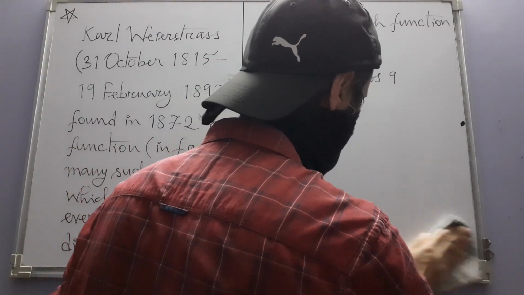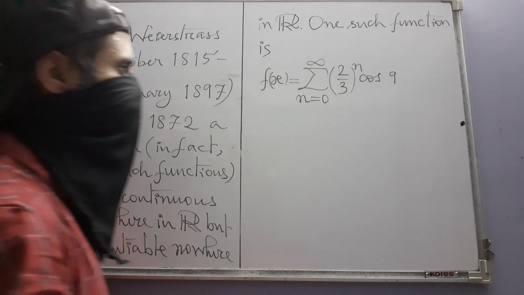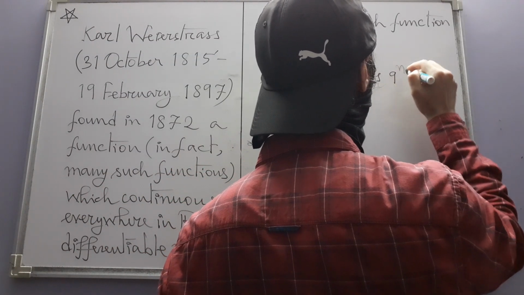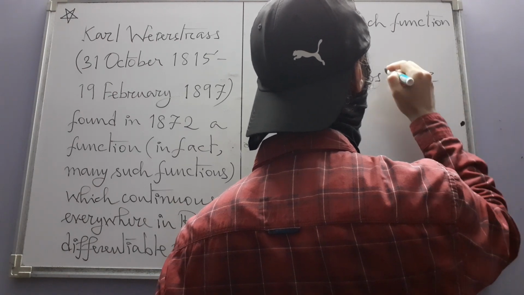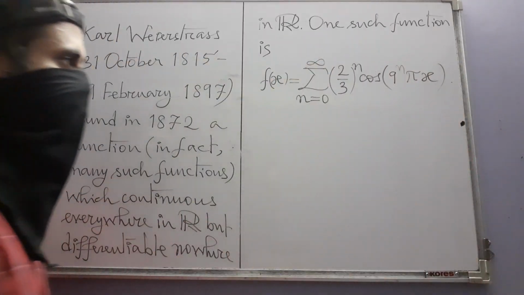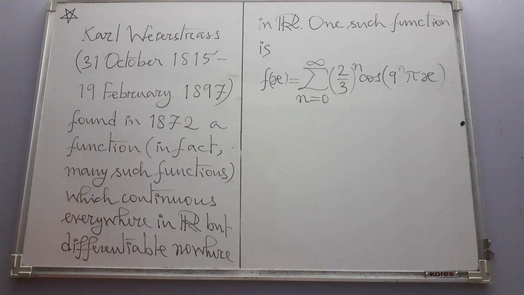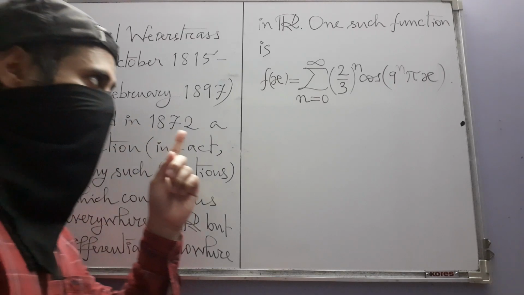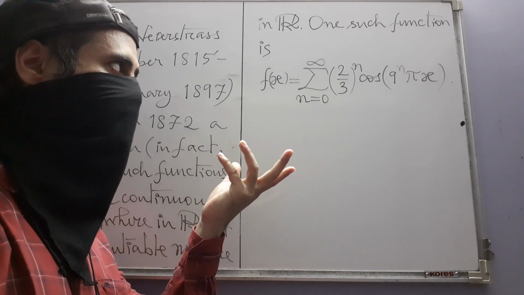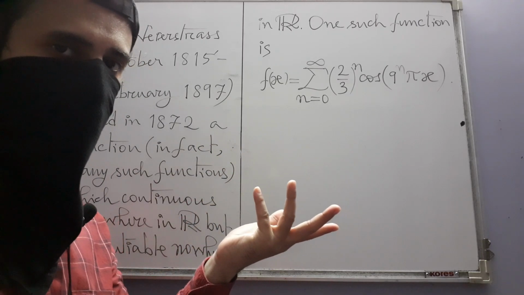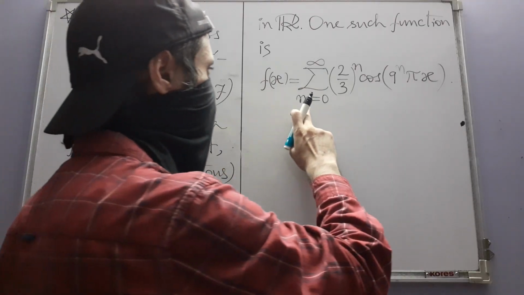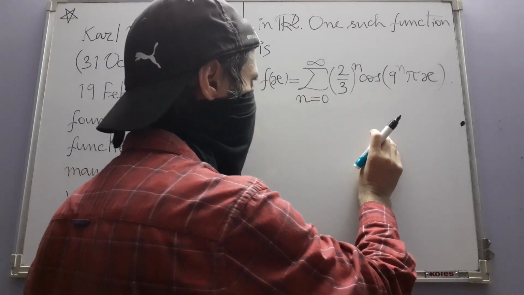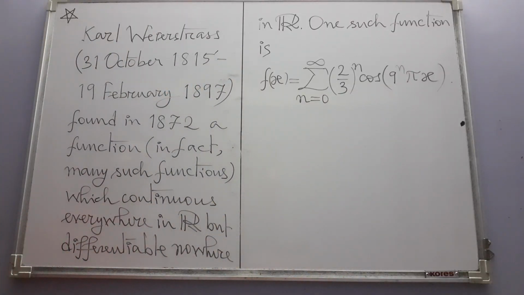It is given in the form of an infinite series. So the variable x appears here inside a cosine function. For every real number x, this series converges. In other words, to put it simply, you can find the sum and it will be a value. So it's a legitimate function. But it's a function which is continuous at every real number x, but differentiable at no real number x.